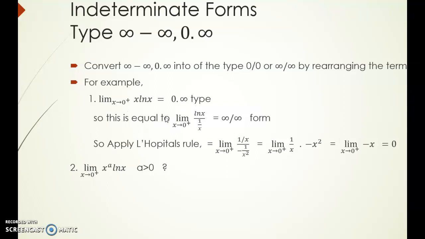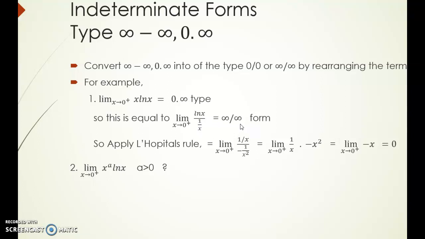We cannot change log x, so I can write x as divided by 1 by x. So x log x is log x divided by 1 by x, which is log infinity by 1 by 0, that is infinity by infinity form.